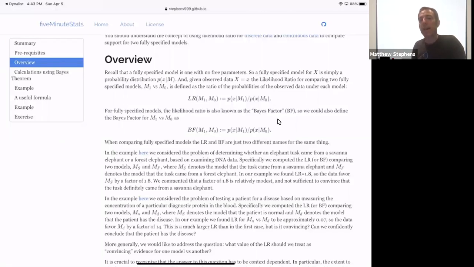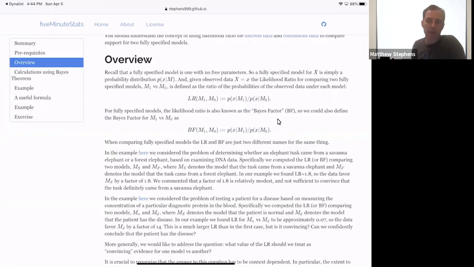In a setting where you're testing for a very rare disease, where you know most of the people you're testing will end up being normal, a 14 to 1 likelihood ratio might not be enough to convince you that the person you've tested is diseased. Whereas if you're testing for a common disease and most of the people you're testing are diseased, then 14 to 1 might be quite convincing.